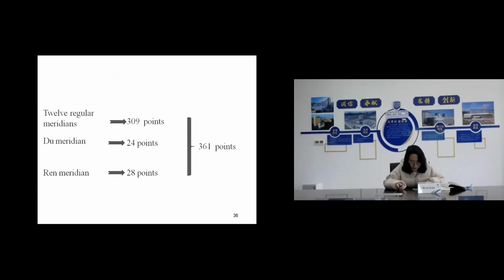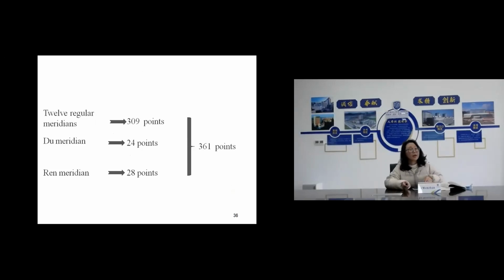So there are 361 acupoints in the 14 meridians. And the other points are extraordinary points and Ashi points, something like trigger points.